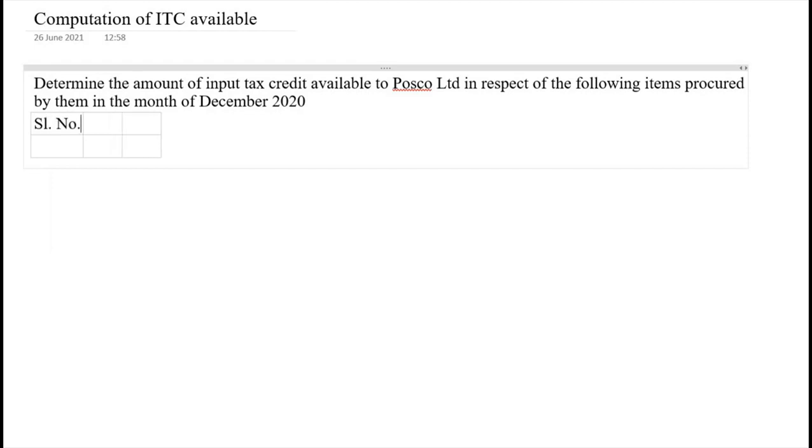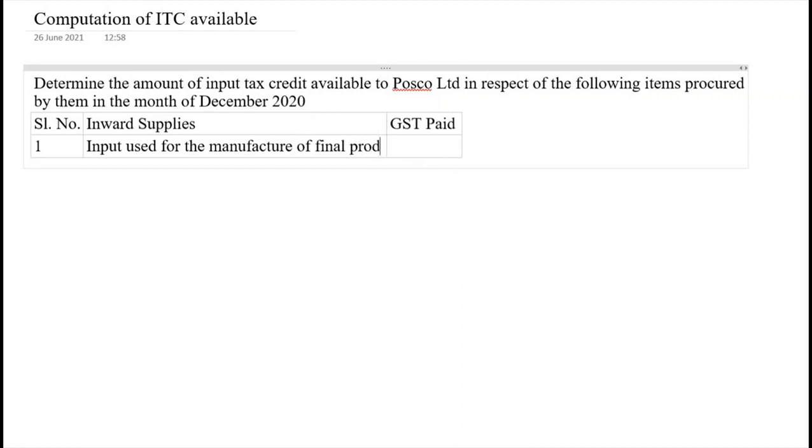Serial number, inward supplies, GST paid. Let's start with number 1: input used for the manufacture of final products, rupees 83,000.